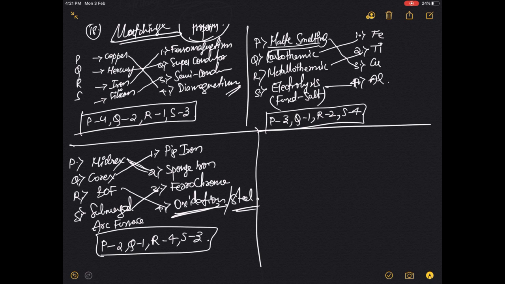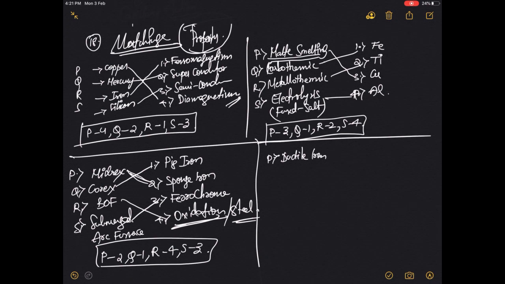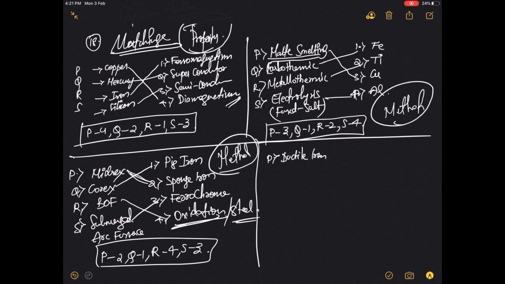And the other matching is based on application. So if you see, the first was by property, the next by method, and this is also by method, and one more is again the application.